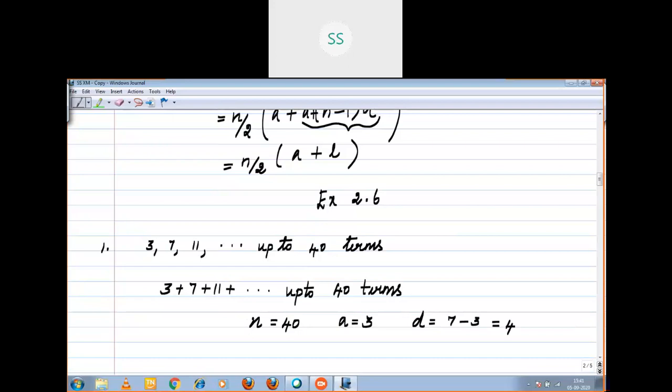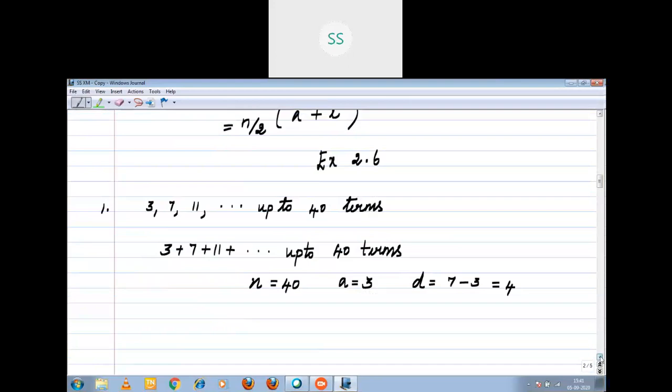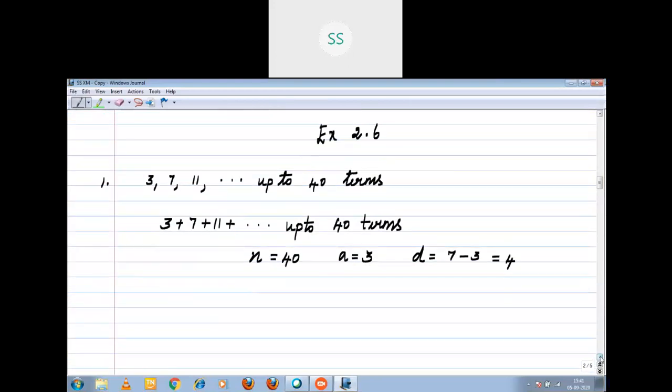Now, what do you want to find? Yes, S40. If the sequence is so lengthy, you should adopt the formula. S40 equal to 40 by 2 into, first you should write the formula, then it is easy to substitute. Sorry children.